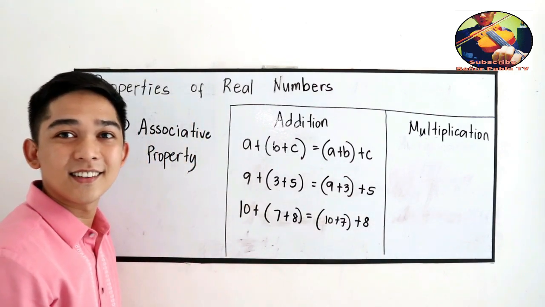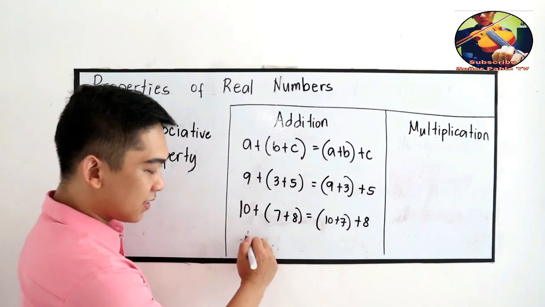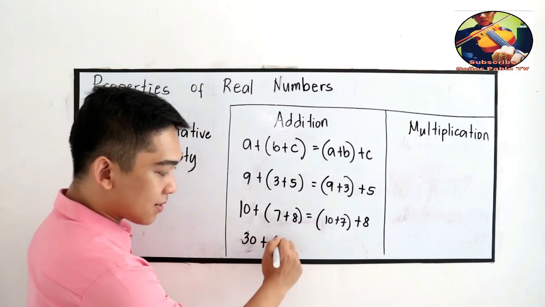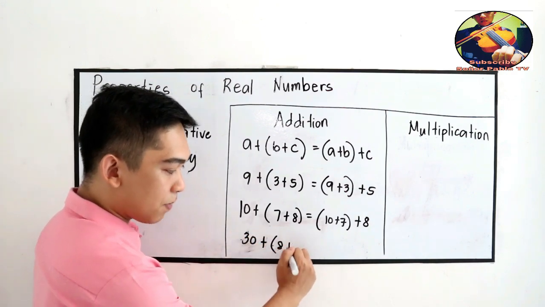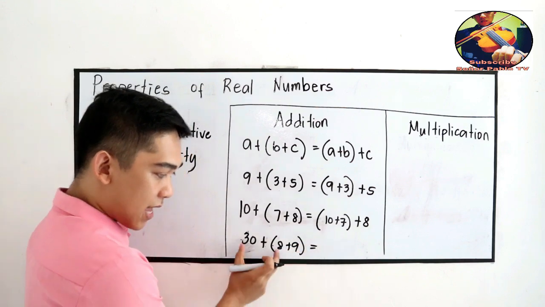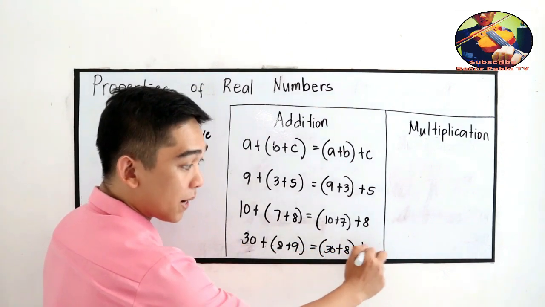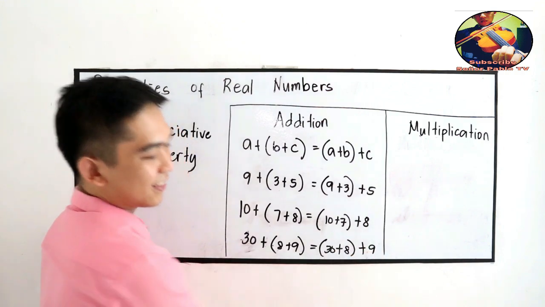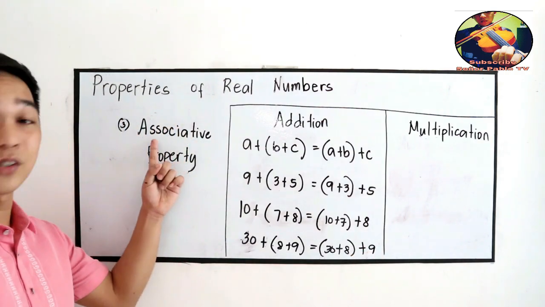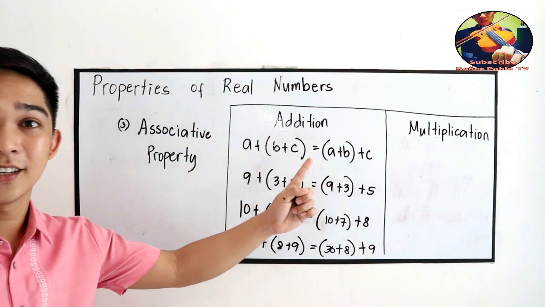Here, 30 plus the quantity 8 plus 9 is equal when the grouping is 30 plus 8, plus 9. That is the associative property of addition.